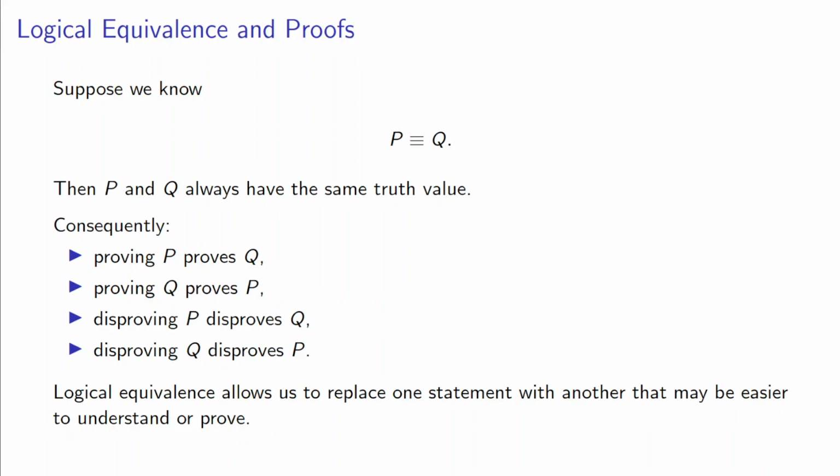Suppose we know that P and Q are logically equivalent, then they always have the same truth value. So proving P proves Q, proving Q proves P, disproving P disproves Q, and disproving Q disproves P. So logical equivalence allows us to replace one statement with another that may be easier to understand or prove. And we're going to see that when we get more into our proof techniques in the next section.